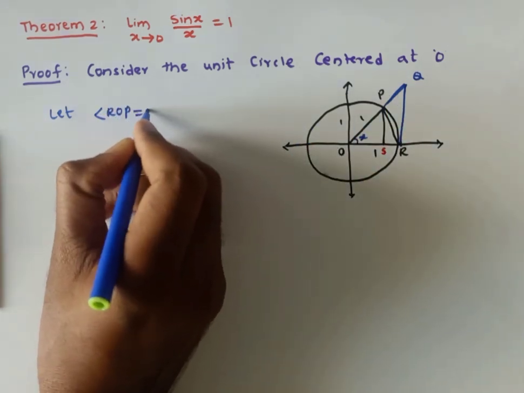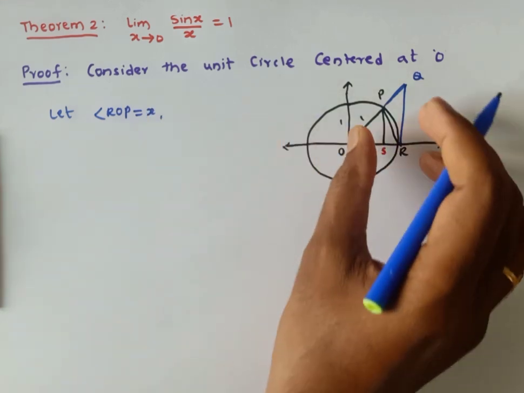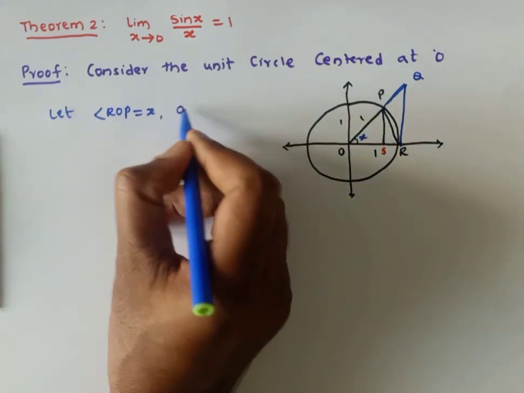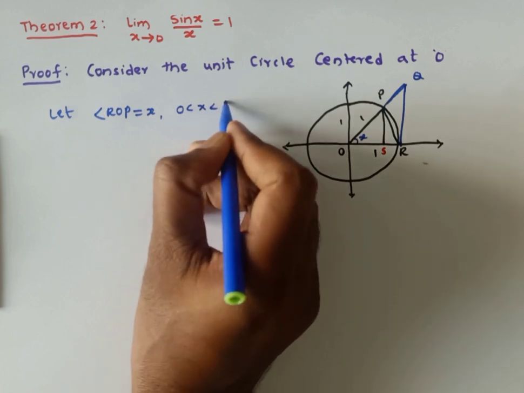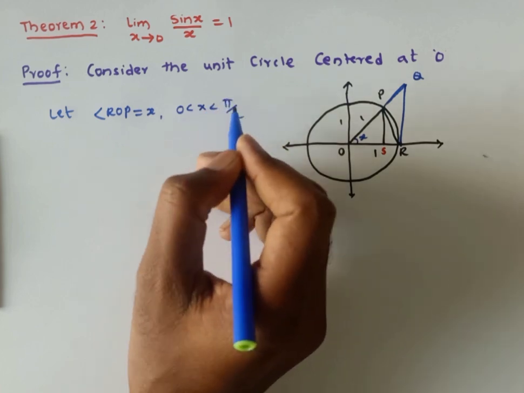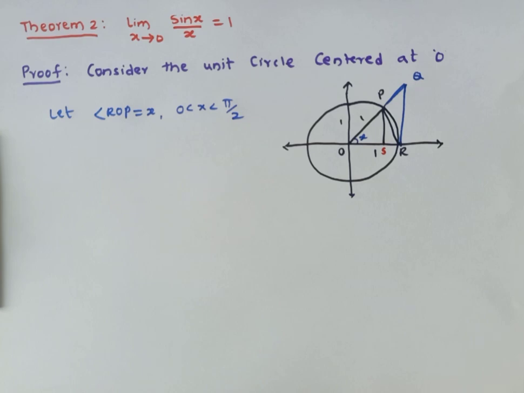ROP is X, and this lies in the first quadrant, so compulsorily X is between 0 and pi by 2 only.